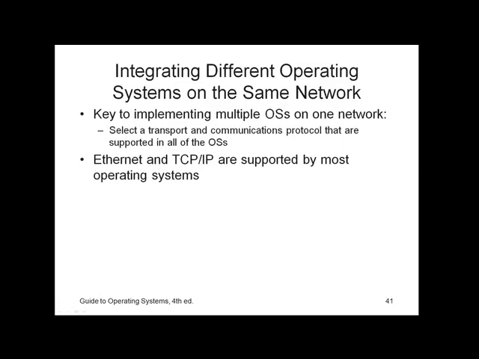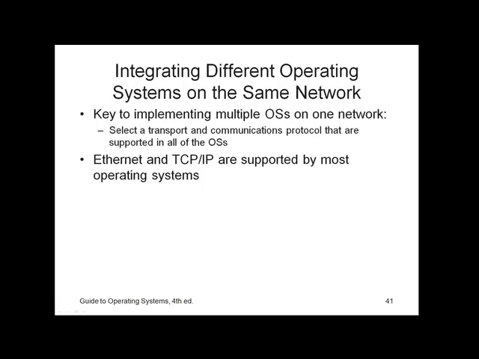Okay, as promised, one of the last things we'll talk about today is integrating different operating systems on the same network. The key to implementing multiple operating systems on one network is basically to select a transport protocol and communication protocols that will be supported by all of the operating systems on the network. Now, Ethernet is particularly well suited to a network that has different operating systems.